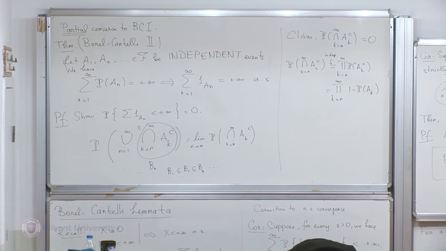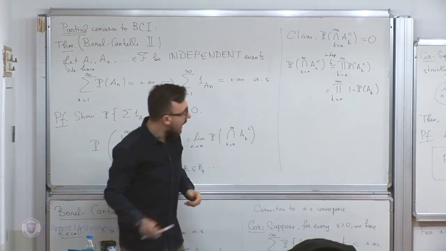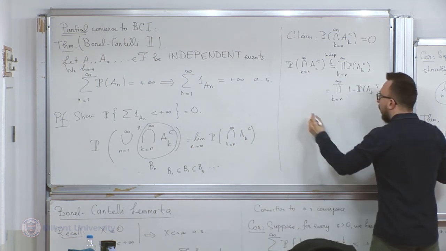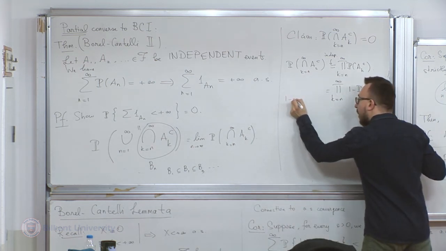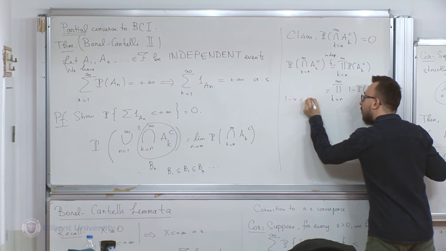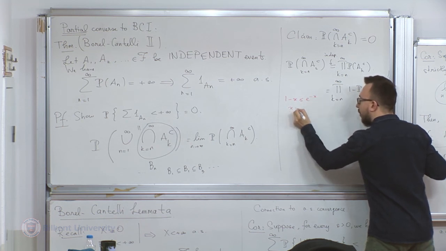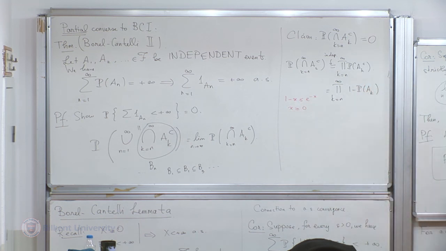And now comes the beauty of this proof. It has a very original and nice idea to use the relationship that 1 minus x is less than or equal to e to the minus x for positive x. Well, you might say, who came up with that, right? Why e to the minus x?